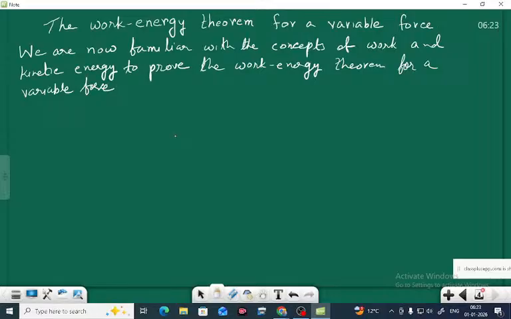We are now familiar with the concepts of work and kinetic energy. To prove the work energy theorem for a variable force, we confine ourselves to one dimension.